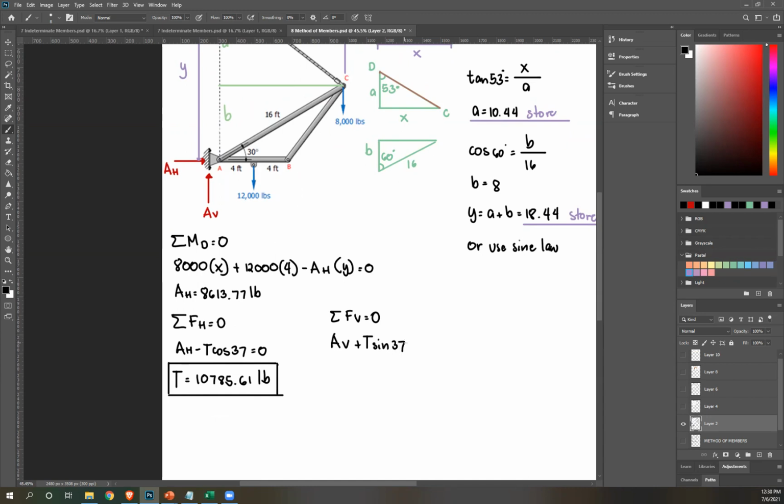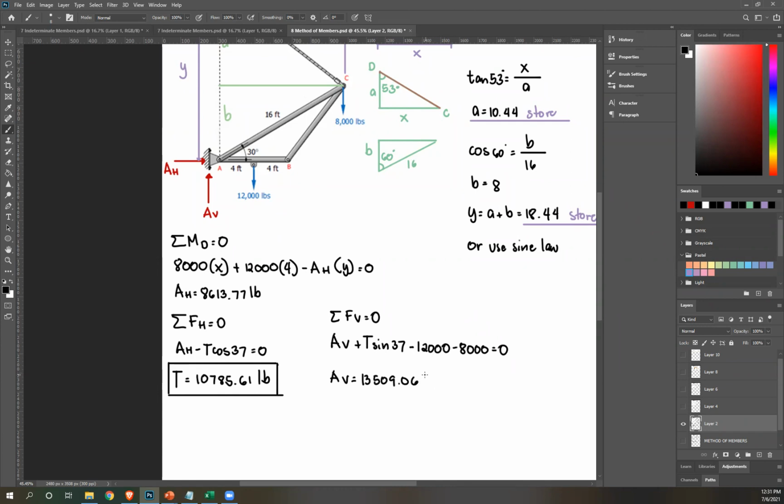And again, we already know what T is. And then downward, so negative 12,000. Also downward, negative 8,000. There's no other forces, so equate that to 0. And then from this, we can solve for AV. And AV now is 13,509.06.